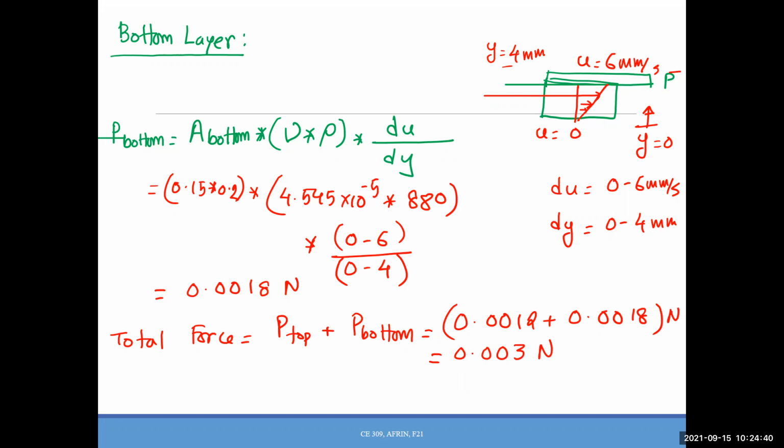If you pull that plate by that amount of force, the velocity of the plate will be 6 millimeters per second based on this type of fluid. If the fluid is different, obviously the viscosity and the resistance will be different and the answer will be different also, right? Okay, now you are ready for your homework 2, which will be available today.